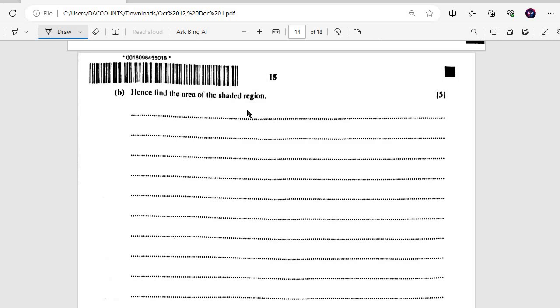The formula is the integral of y dx from x1 to x2. So it will be integral 25 to 1. Since m is above n, it will be m minus n dx. That's the whole idea.